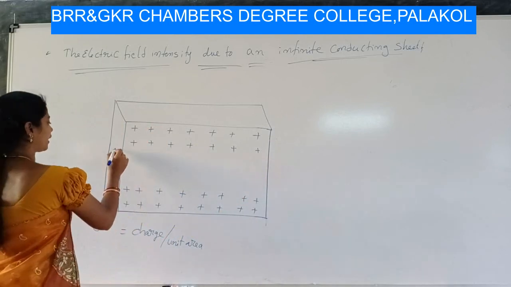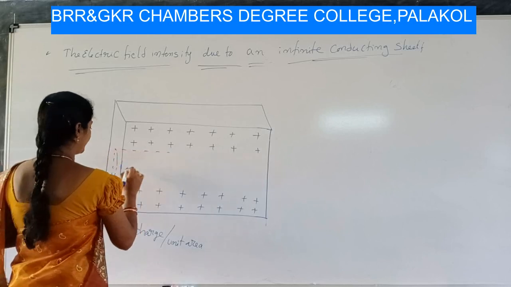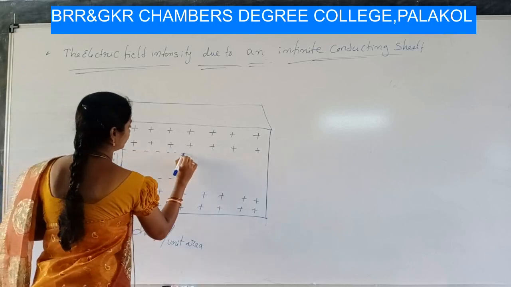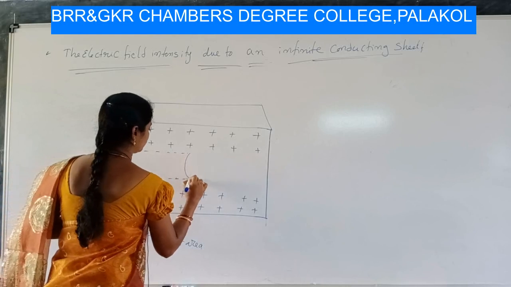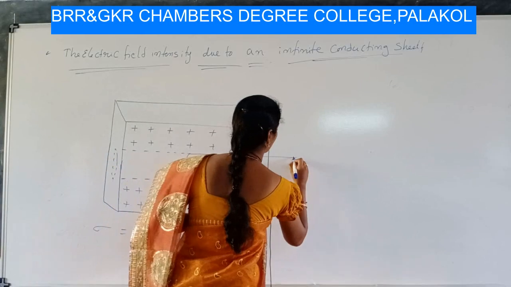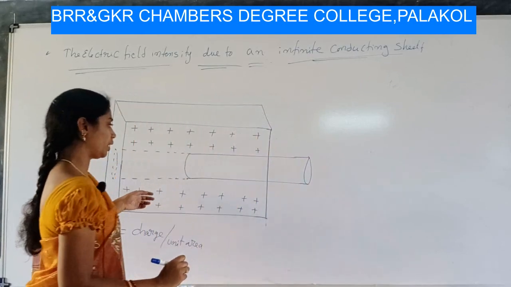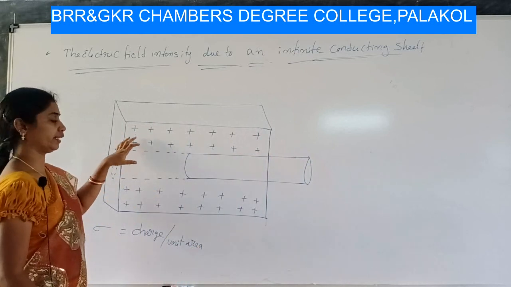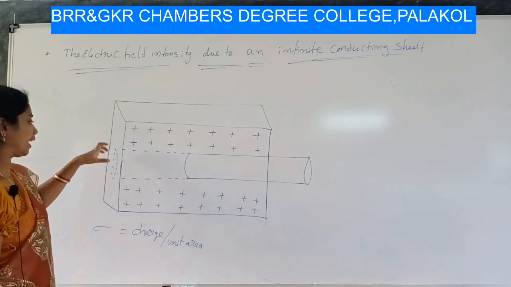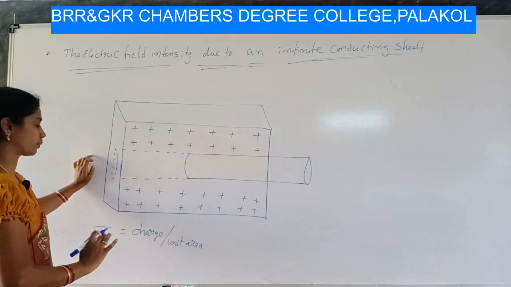For this, we construct a Gaussian cylinder throughout this conducting sheet. Here, the Gaussian cylinder gives the electric flux through this infinite conducting sheet.